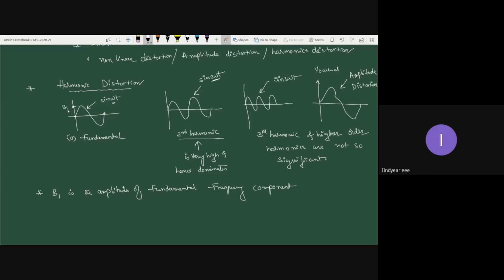Then let's say B2 is the amplitude of the second order frequency component, and similarly, B3 is the amplitude of the third order component.